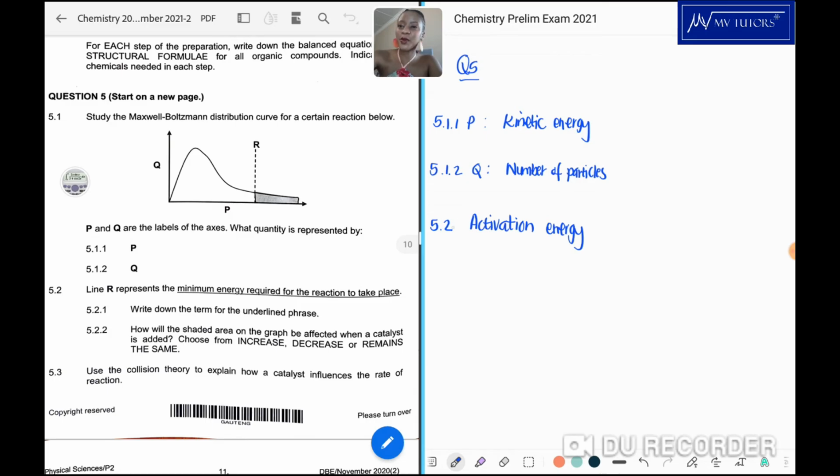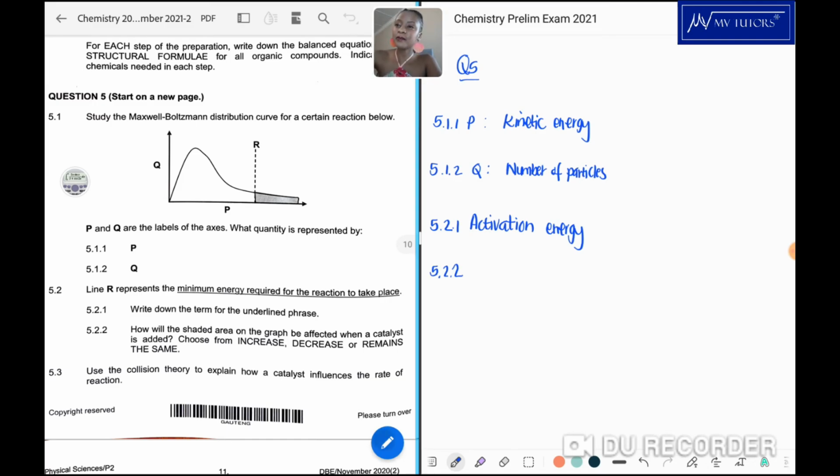Alright, 5.2.1 and then 5.2.2. How will the shaded area on the graph be affected when a catalyst is added? Will it increase, decrease, or remain the same?